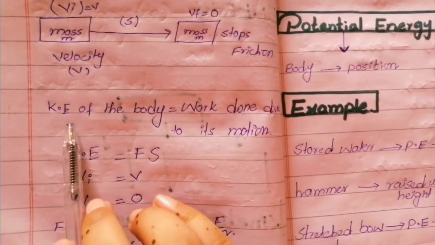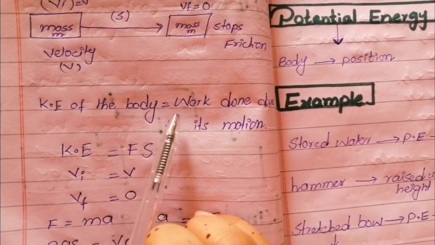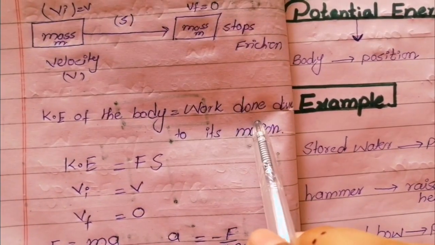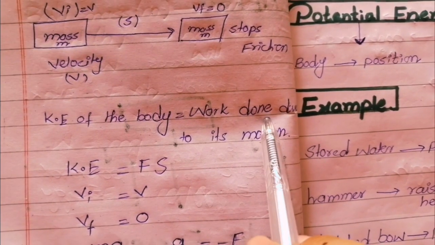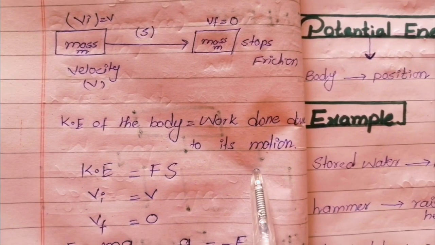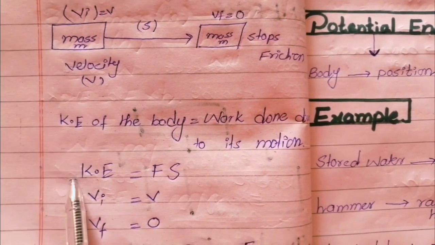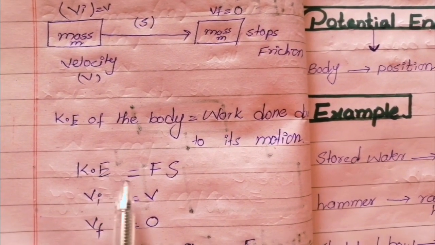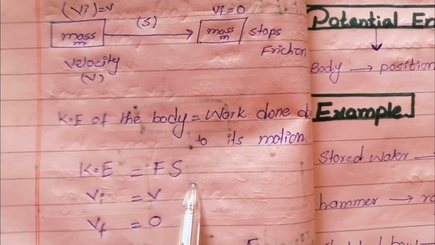So, the kinetic energy of the body is equal to work done. This work is done due to the movement of the body, due to the motion of the body. That is why we will write here kinetic energy is equal to Fs.